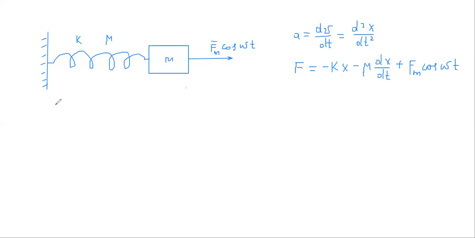According to this law, mass multiplied by acceleration is equal to force. I have written the second Newton's law of motion in projections on the direction of the motion, so I have written it without vectors.